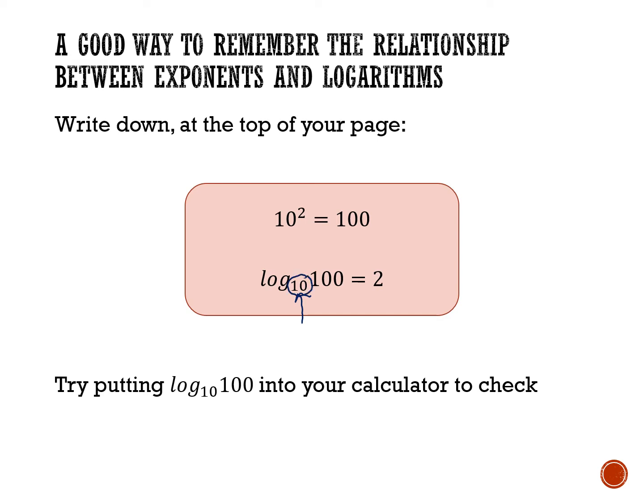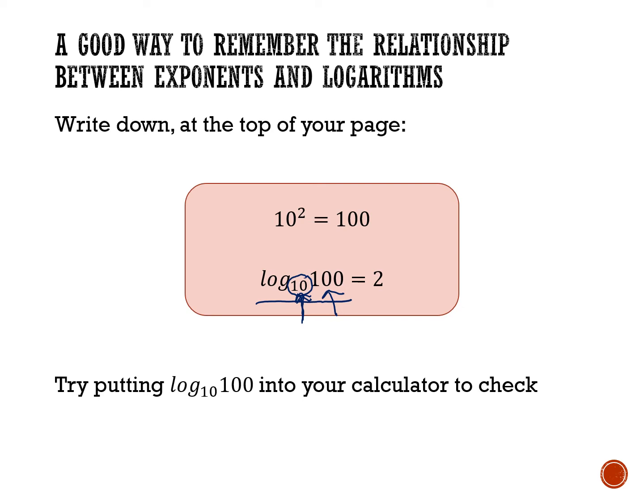How I would think about this in my head is, what power do I raise 10 to get 100? And hopefully you think, oh, that's 2. So the equivalent exponential form is 10 to the power 2 equals 100.